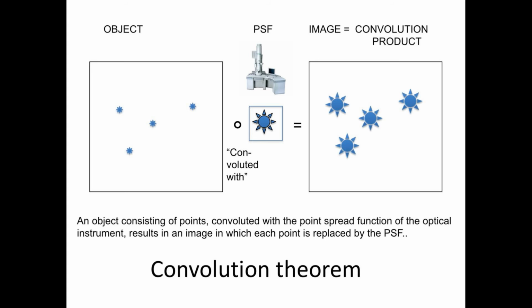But it becomes more convoluted if you have an object where the points are just next to each other, because then for each of these points neighboring each other very closely, you have to keep adding up.